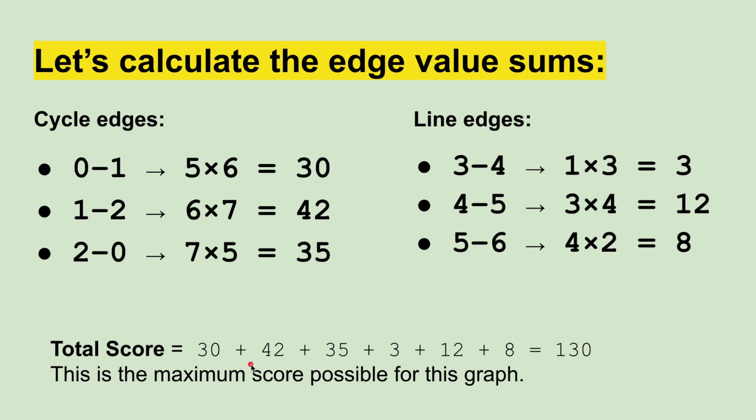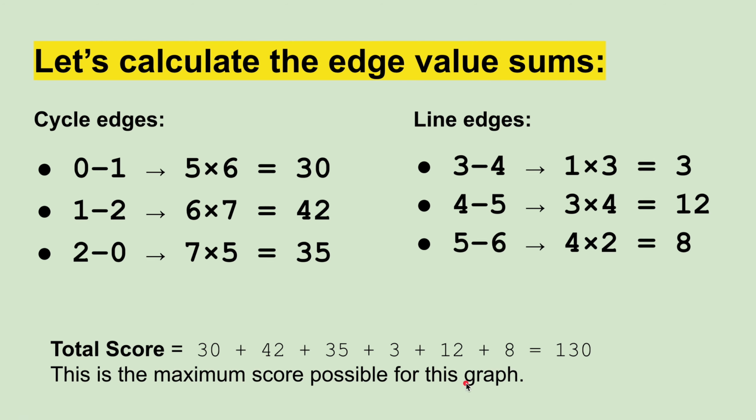And if you compute the score, because this is a permutation, I cannot show you every possible permutation and combination. You have to assume that I have assigned these values, okay? Then you will get the value 130. So the total score you will get is 130, and this is the maximum possible score for this graph.